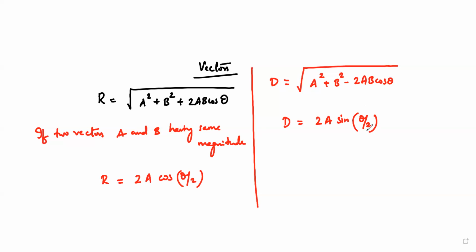Then how do the resultant and difference vary at different angles like 0, 60, 120 and 180, let us say. Now the resultant, as I told, is nothing but 2A cos theta by 2.